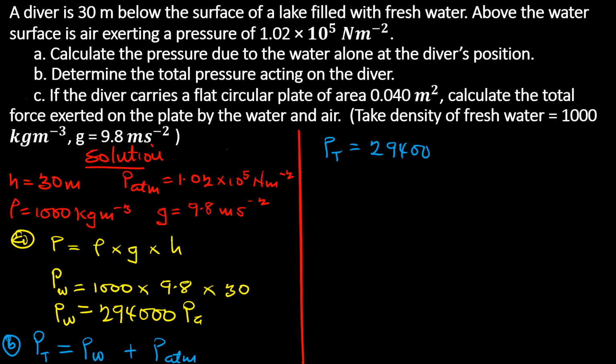So therefore, total pressure will be equal to the pressure of the water alone, which is 294,000, plus the atmospheric pressure, which is 1.02 times 10 exponent 5. So by using calculator, 294,000 plus 1.02 times 10 to the power 5.